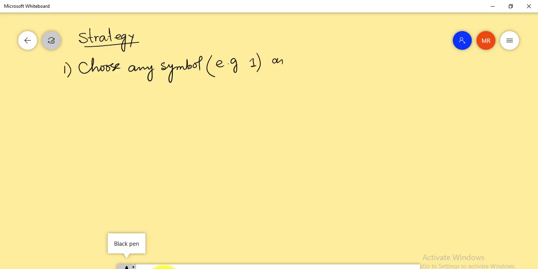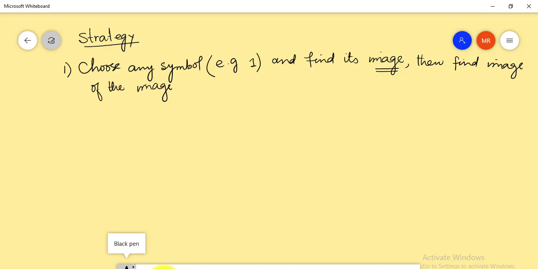We find the image of 1, and then we find the image of this image, and then the image of that image, under the permutation F, and so on, until we encounter the starting symbol, in this case 1.